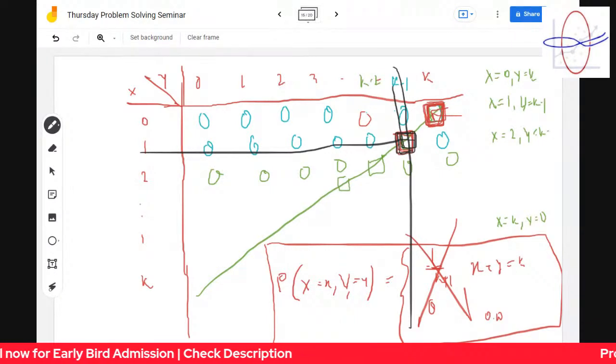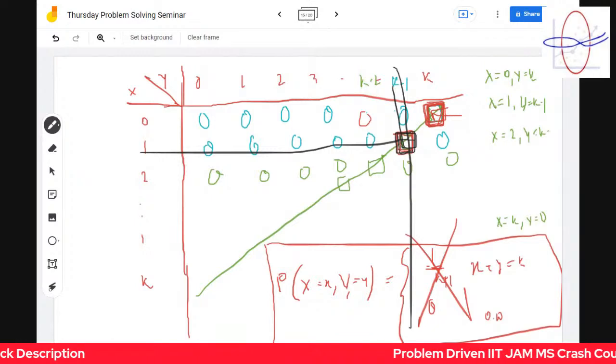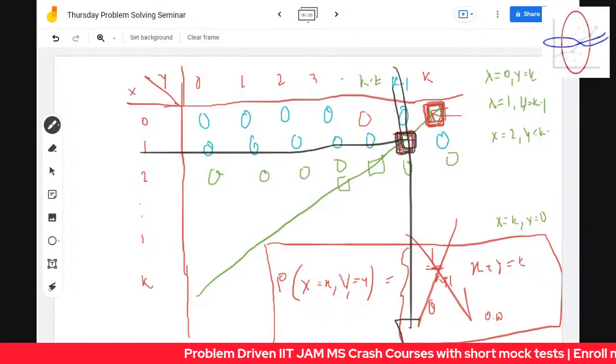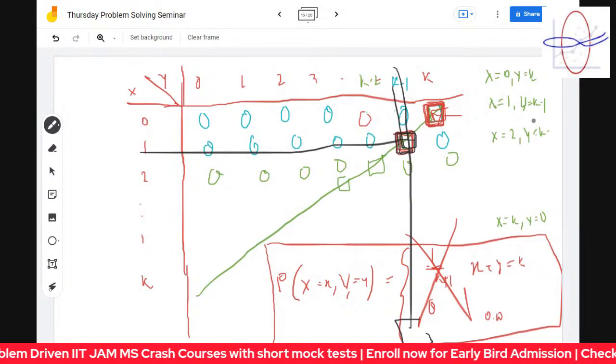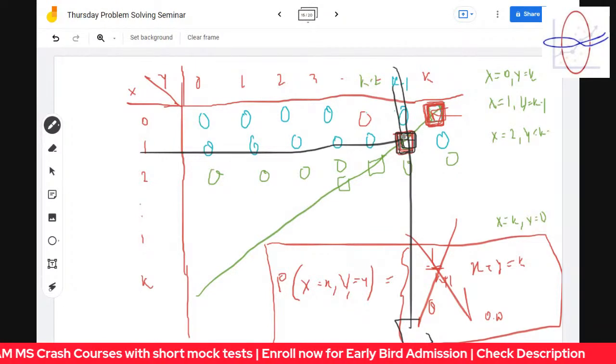Did you understand? Yes. When you sum this up, all are zero and only this one is there, since for one X there is only one Y that will make this committee.